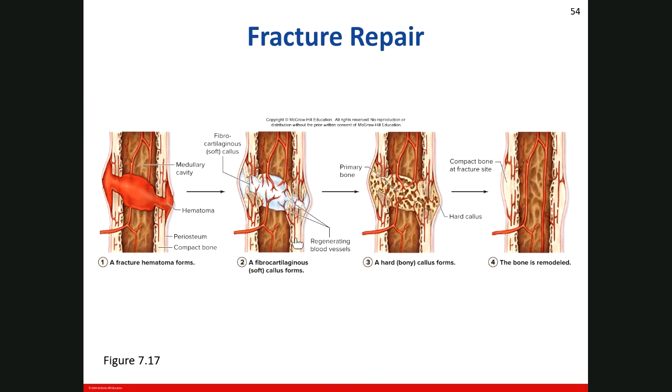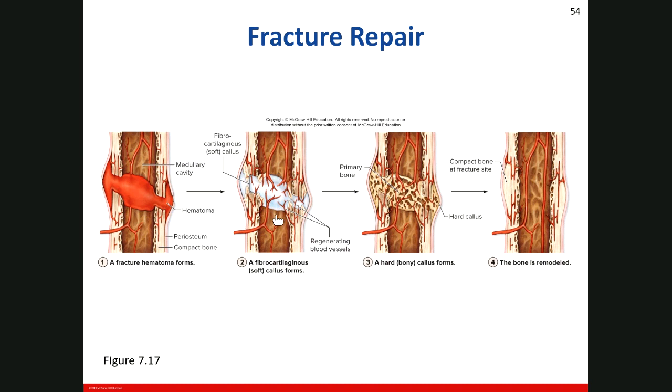After that, we have step 2, which is fibrocartilaginous callus formation. Regenerated blood capillaries infiltrate the fracture hematoma. First, the fracture hematoma is reorganized into an actively growing connective tissue, which we call procallus. Fibroblasts within the procallus start production of collagen fibers that help connect the broken ends of the bone.